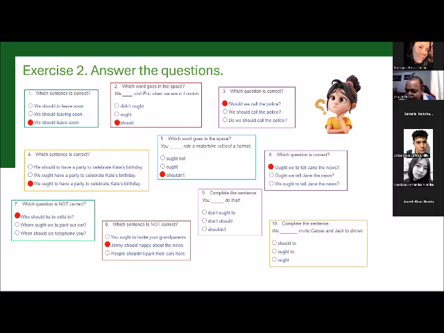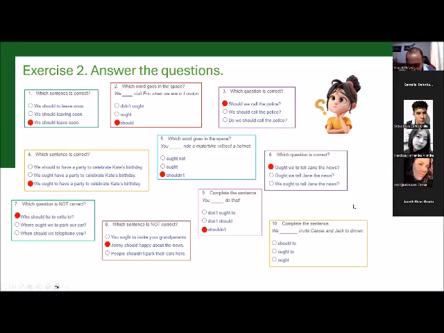Please, Jimena. You shouldn't to do that. Exactly. You shouldn't do that. Thank you so much, Jimena. Okay, and the last one, number 10, complete the sentence.